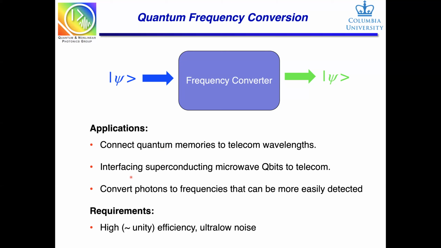Of course, an extreme version of this, sometimes called quantum transduction, but it's really quantum frequency conversion, is interfacing from the microwave to telecom regime. That's another version of quantum frequency conversion. It's actually something that my group's thinking about. And then, of course, there's a long history of this.